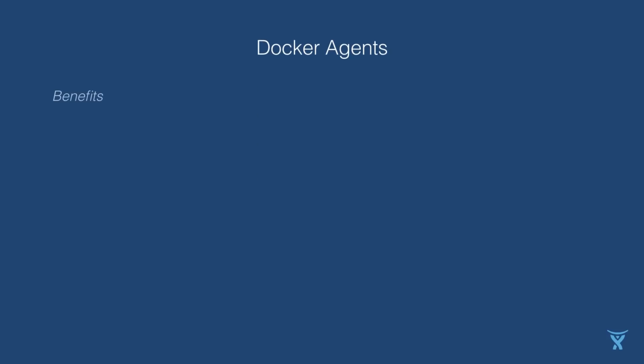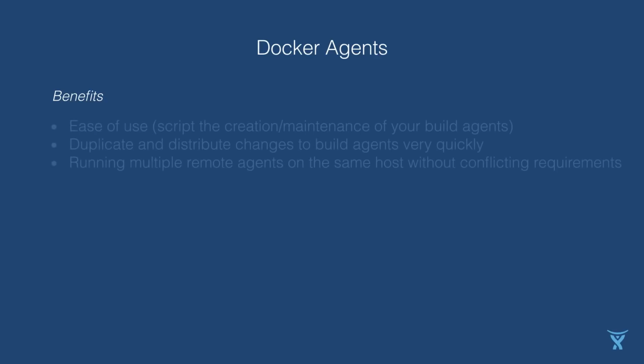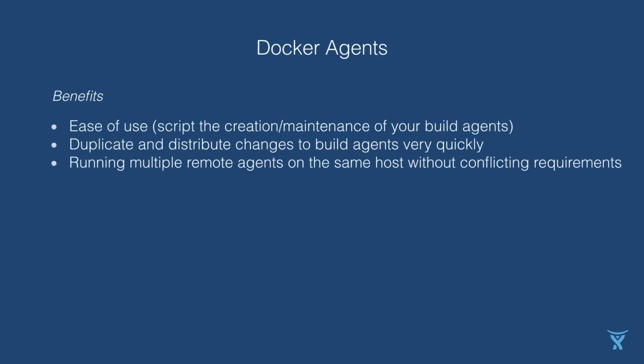To list the benefits of using Docker agents: 1. Ease of use. It allows us to script the creation and maintenance of agents. 2. We can duplicate and distribute changes to build agents very quickly. And 3. It enables us to run multiple remote agents on the same host without conflicting requirements.